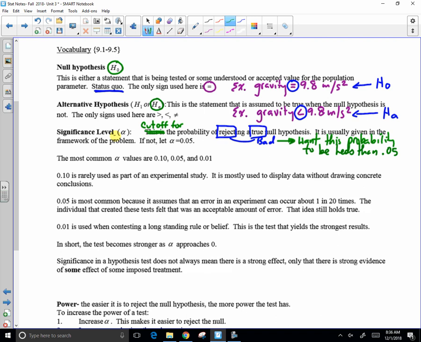Really, what it is, is the idea mathematically, and we'll actually show this with some calculations later on, that there is a statistically significantly greater degree of error associated with 0.10 than with 0.05, but not that much more error associated with 0.05 than 0.01.